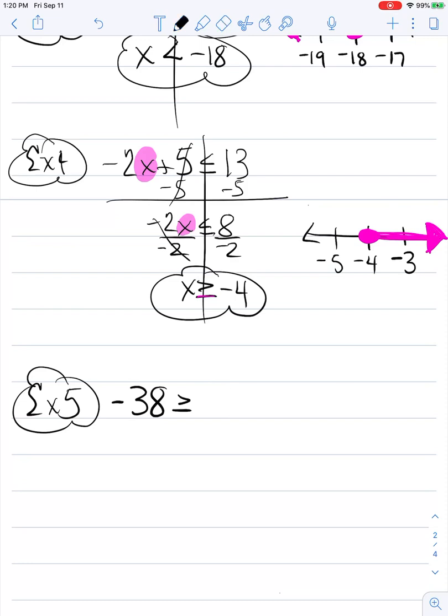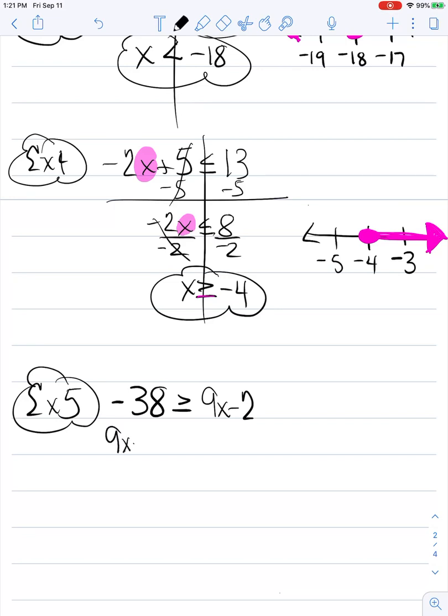Is greater than or equal to 9x minus 2. Well, yes, we solved this the same way, but here's the deal. We can either flip it now, our inequality, or we can flip it at any point, actually. I like to do it in the beginning. So here's what you have to notice.